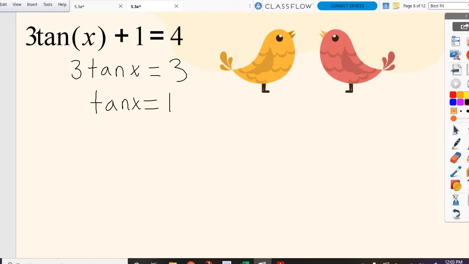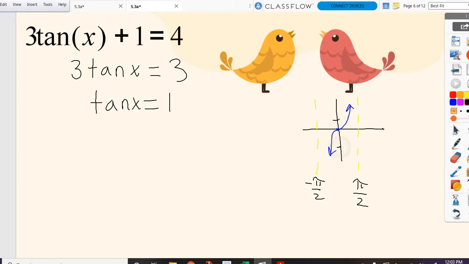So remind me, what does our tangent graph look like? So it kind of looks like our cubic graph, right? Like that. And then what's special about our tangent graph? What does it have? Yeah, it has asymptotes. Okay? Now remember, specifically our asymptotes happen at negative pi over 2 and pi over 2.